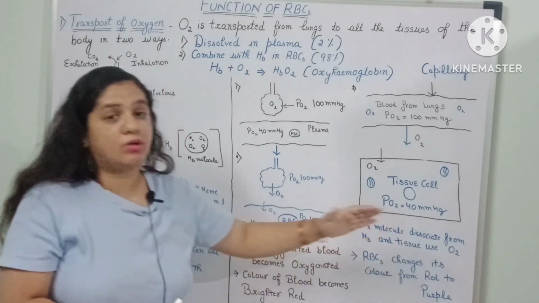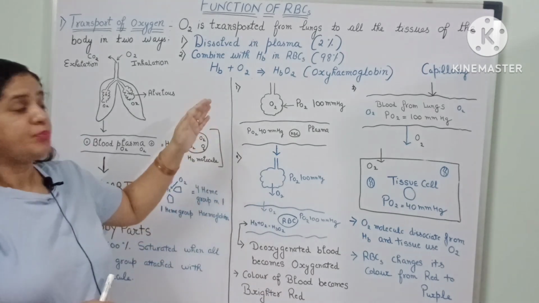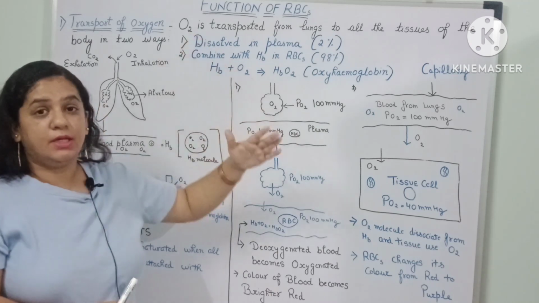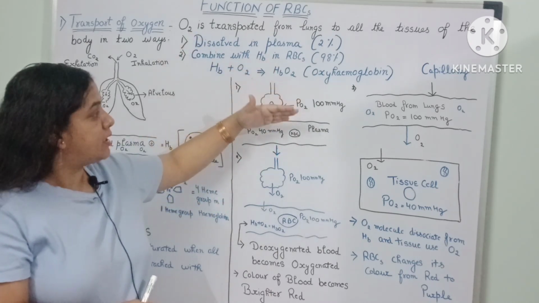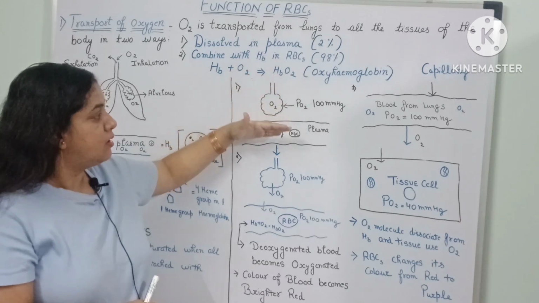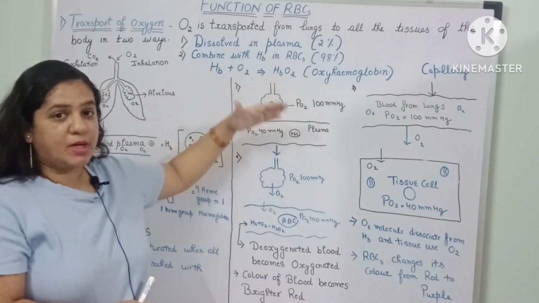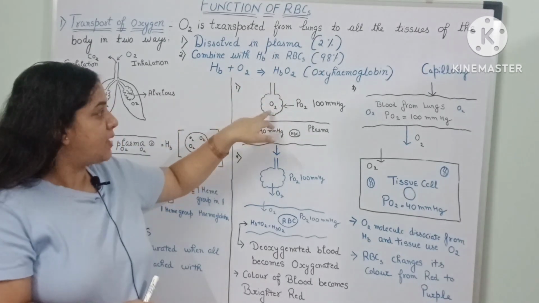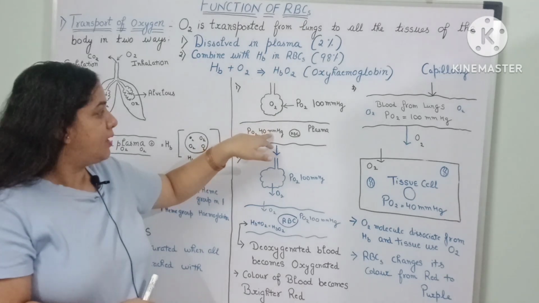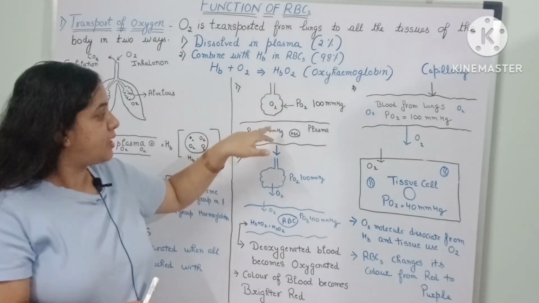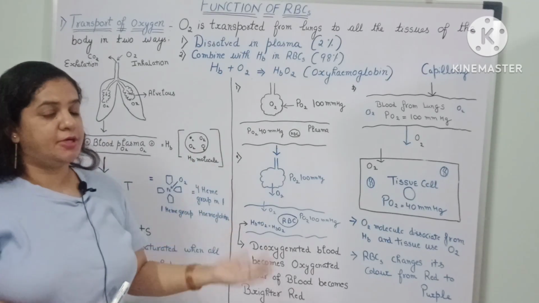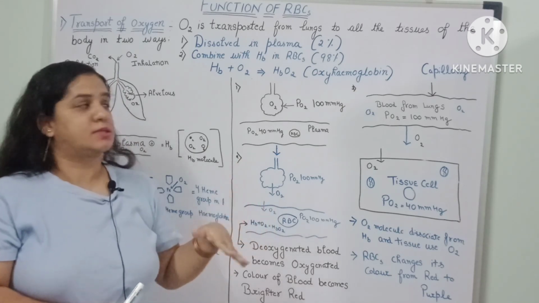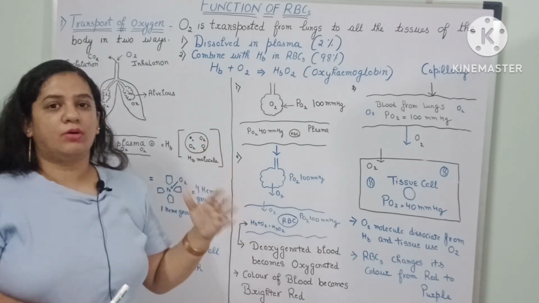This deoxygenated blood goes again through the veins to the lungs, and in the lungs the same process happens again. When we inhale oxygen, because of the difference in the partial pressure of oxygen, the oxygen transfers from the alveolus to the blood, from higher concentration to lower concentration, and the blood again becomes oxygenated, goes from the lungs to the heart and to the different body parts, and this process goes on again and again.